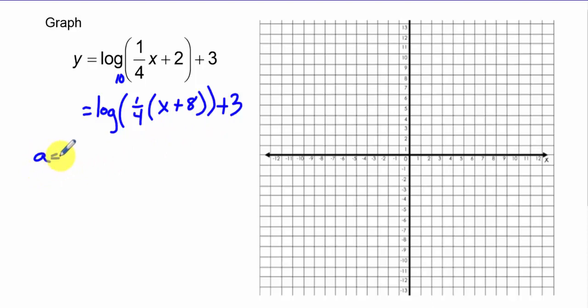So a is 1, b is 4, because that'll put that 4 in the denominator down here. h is -8, and k is 3. Let's go ahead over to -8 and go up 3, crosshairs.